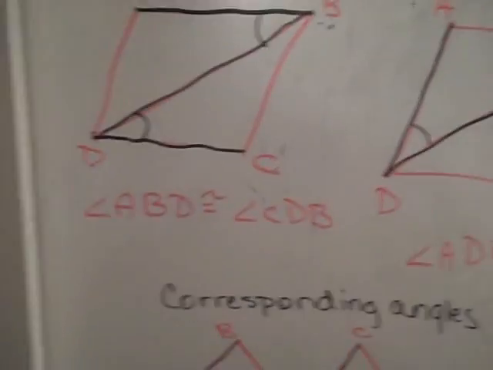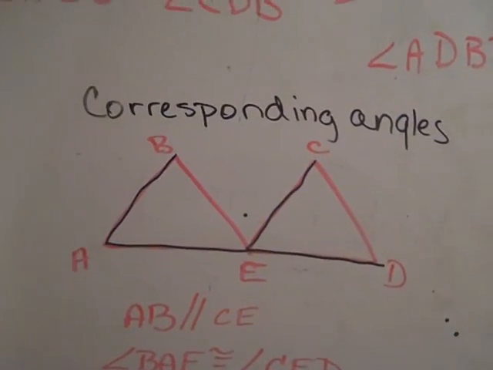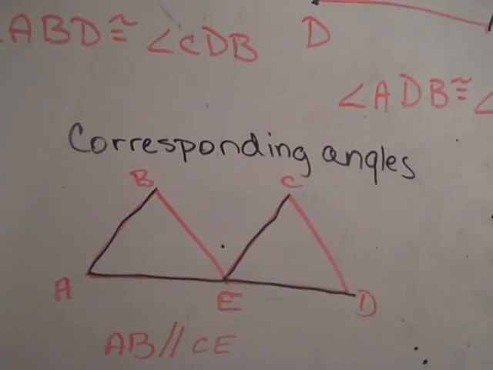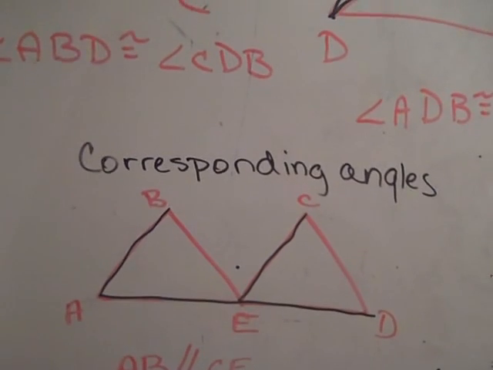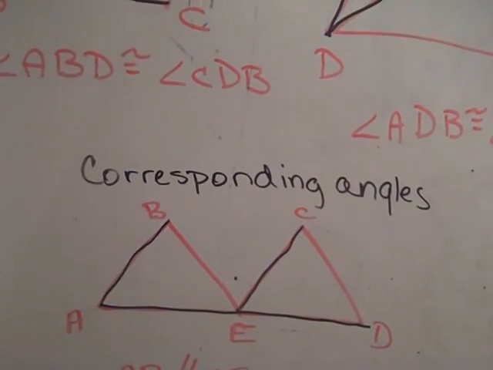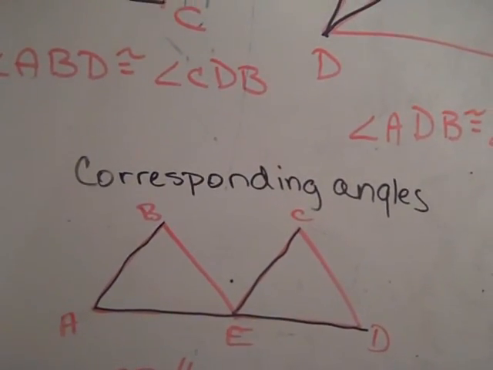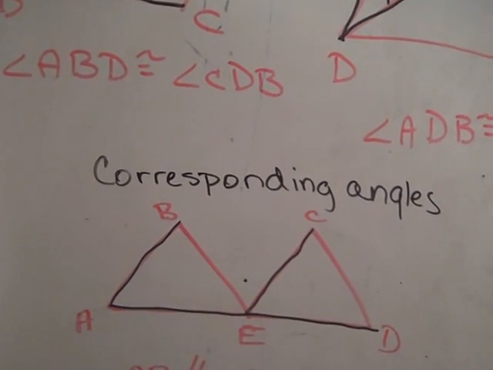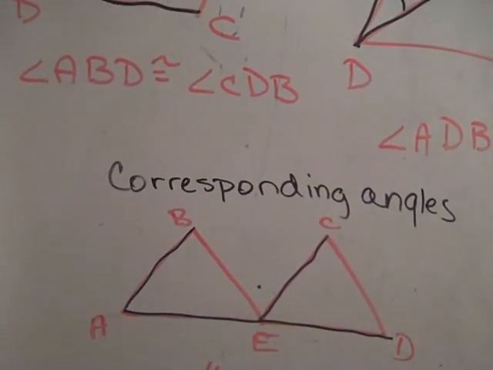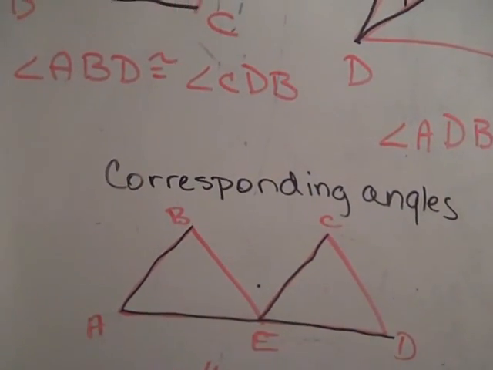Your other angle relationship that occurs with parallel lines is your corresponding angles. Now this one, it comes up, but it's very rare. In this particular case, you have two parallel lines on two separate triangles that don't have a reflexive side.